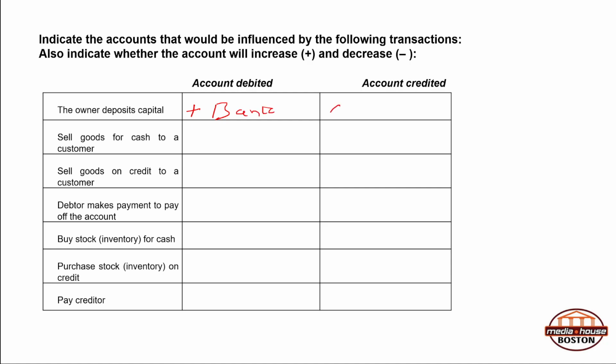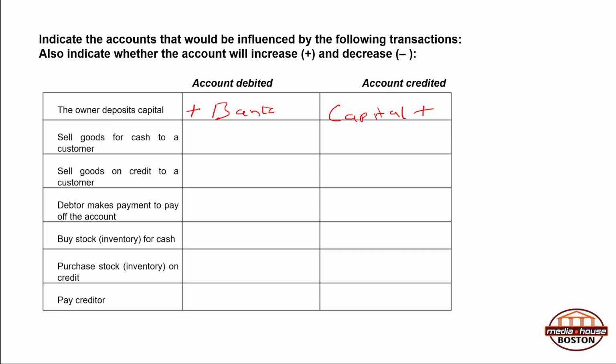And then over here we have the other account, which is capital, which is also a plus because it's increasing, and the owner's equity side increases on the credit side. Hence, we credit the capital account.